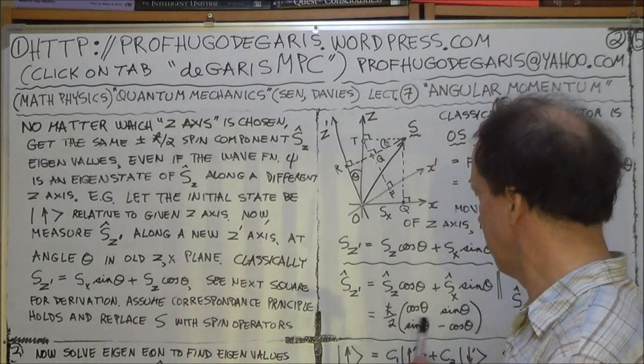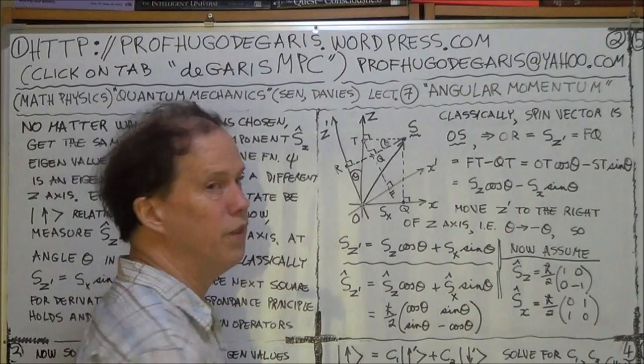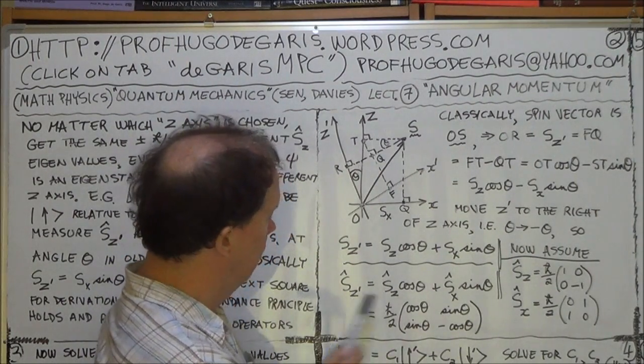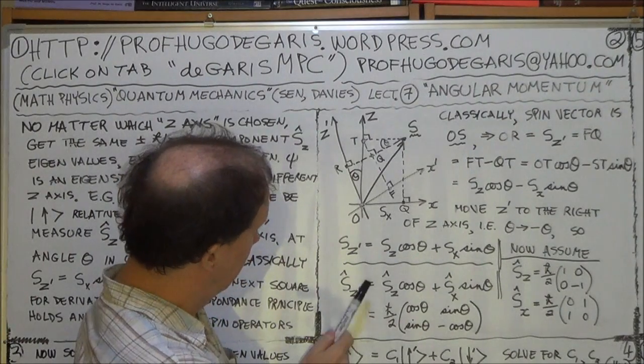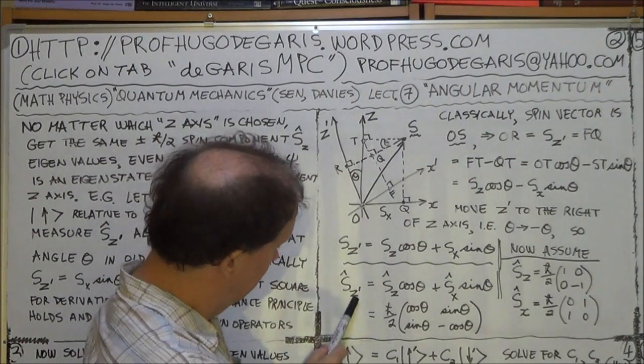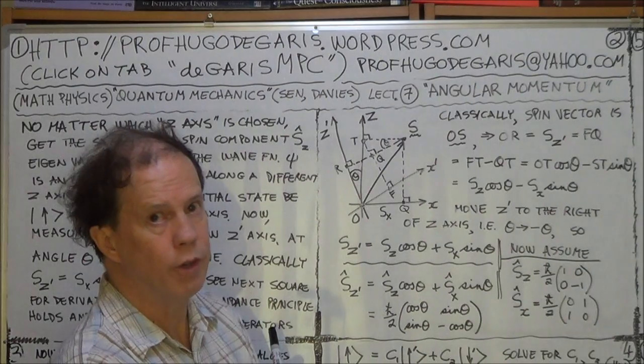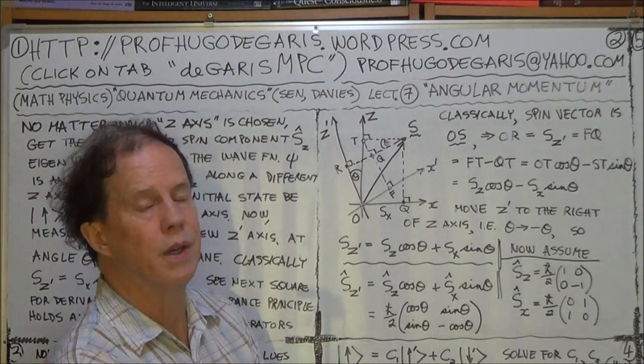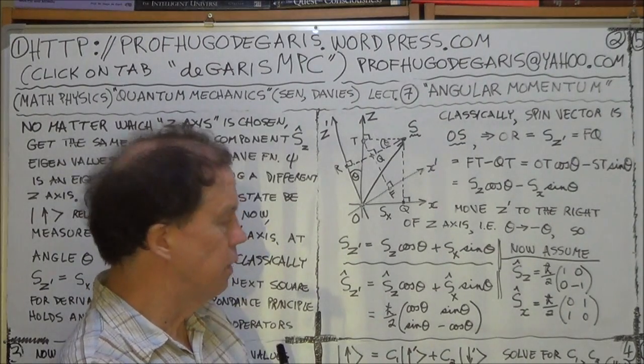But what we'll do next? See, we now have a matrix. We have an operator for Sz dashed hat. Okay, we have an operator. And since it's so simple, it's just a 2 by 2 matrix, we can easily solve it.